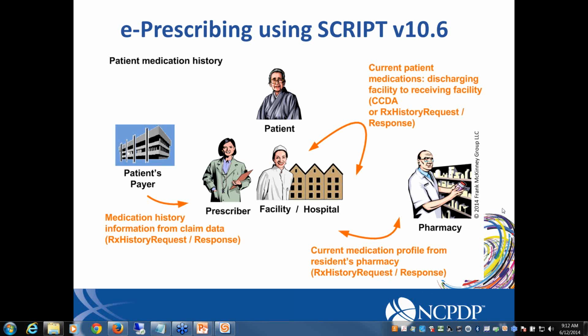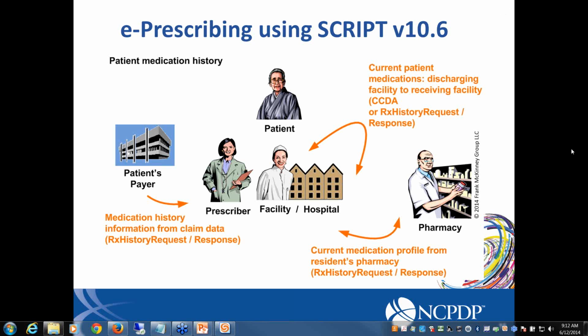Then in the lower right, also a facility, a hospital, a health center of some sort can also send a request directly to a pharmacy and get the up-to-date medication profile for a particular patient. And lastly, here on the upper right is basically a medication history sharing between two care facilities.